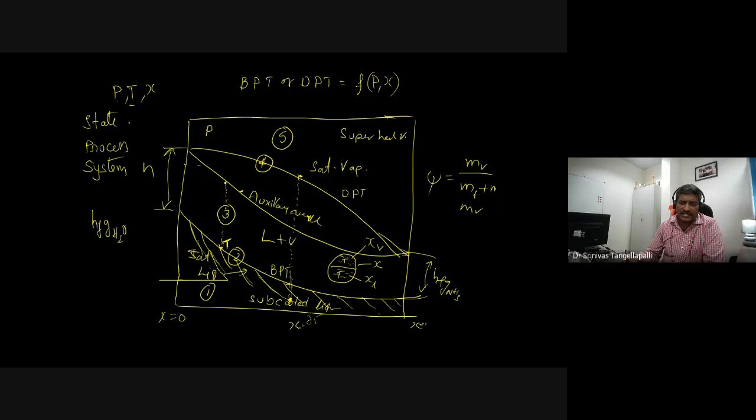Draw a vertical line till the auxiliary curve, and once it is touching, draw the horizontal line. The cutting point of this vertical and this horizontal line is your state. You may call this horizontal line an isotherm.